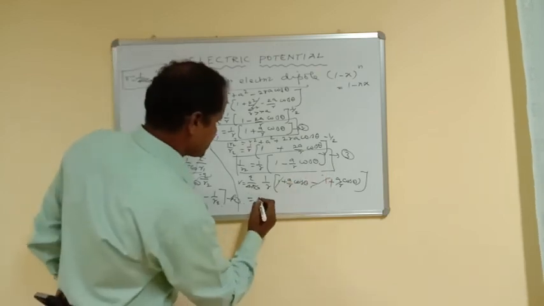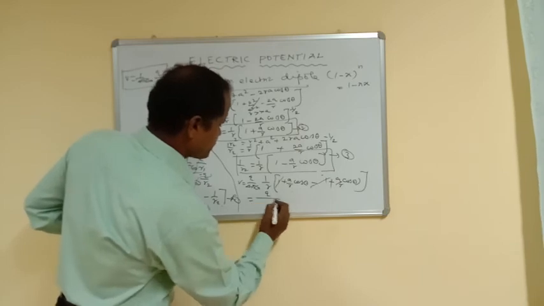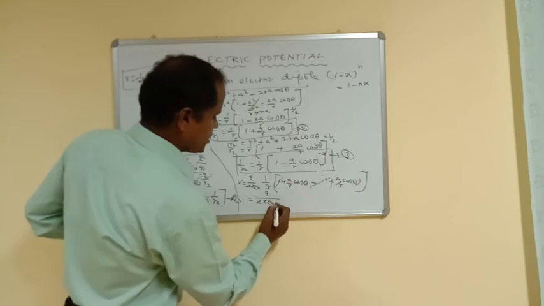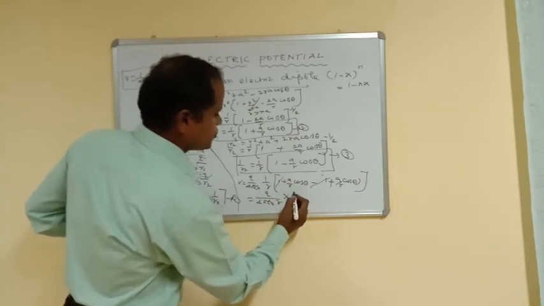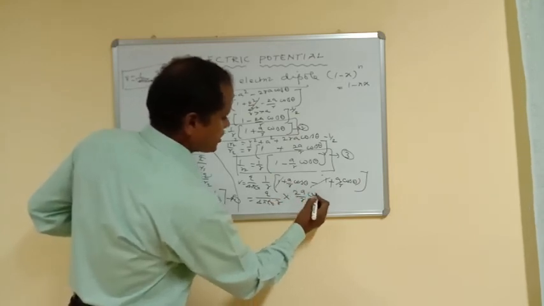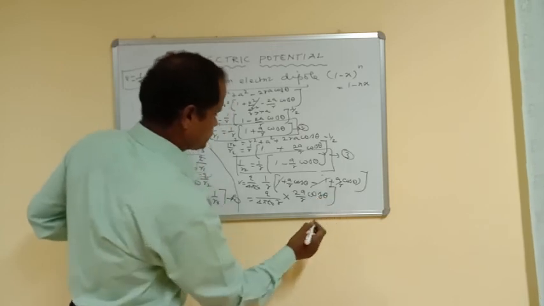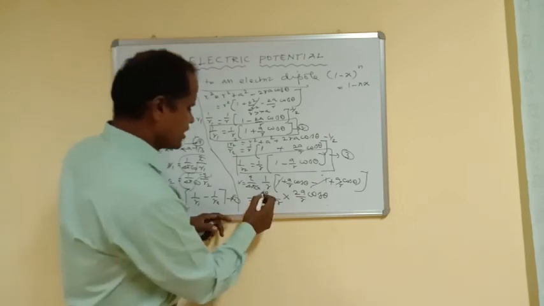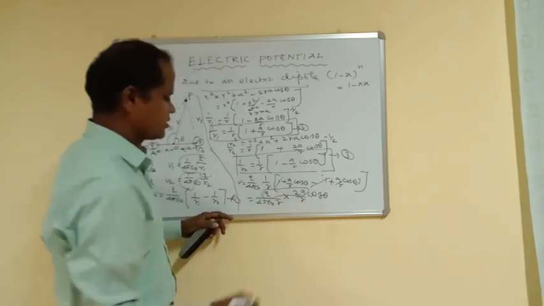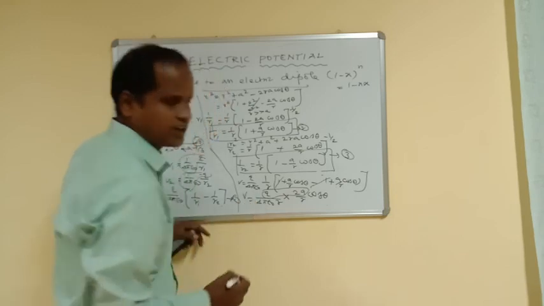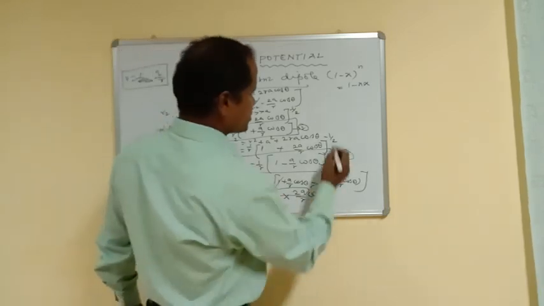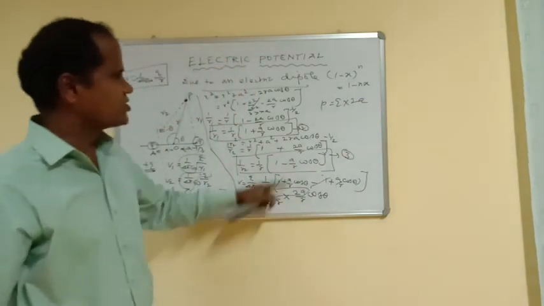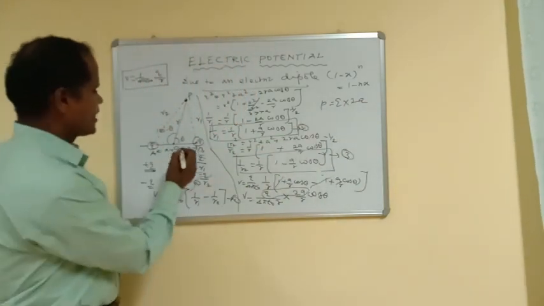So now we can write Q by 4 pi epsilon 0, 1 by R into 2A by R cos theta. Here Q into 2A is, as you know very well, the electric dipole moment. So P is equal to Q into 2A, charge into distance of separation, the electric dipole moment.